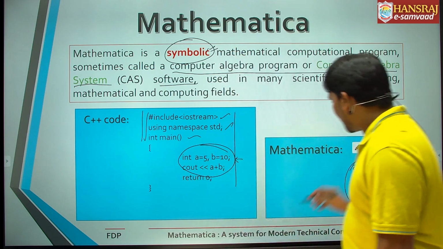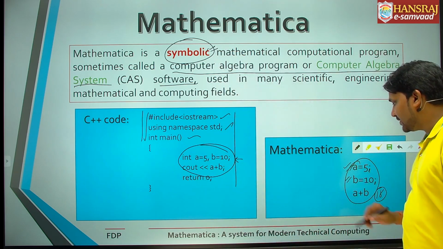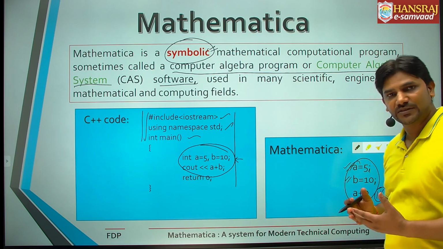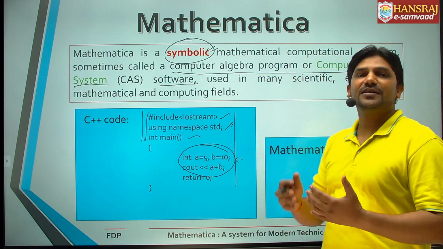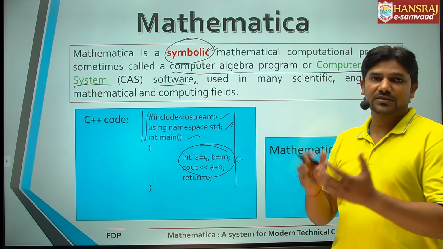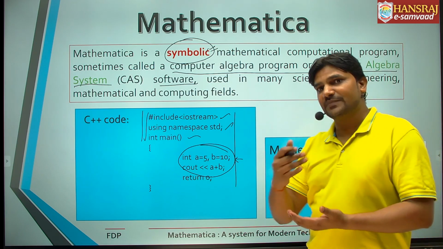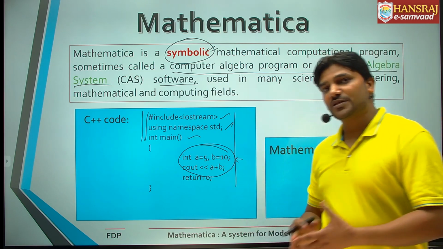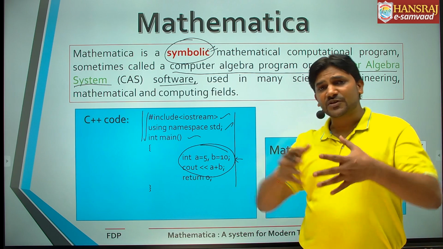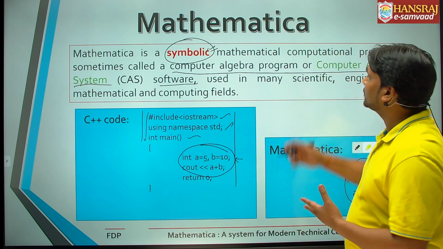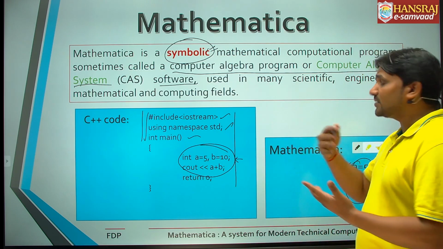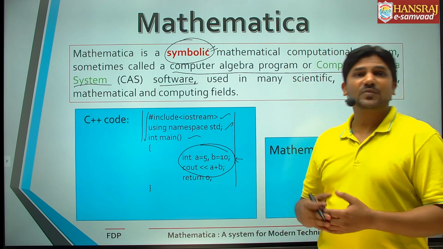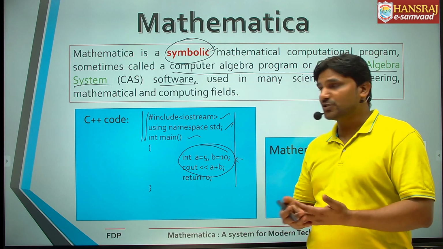That means every variable you take, the software takes it as just a symbol, and you put the value on that symbol, and you can directly work on that particular code whatever you are writing in the Mathematica software. And this Mathematica software is not only reserved to mathematics, it is also used in research, engineering, mathematical and computing fields.